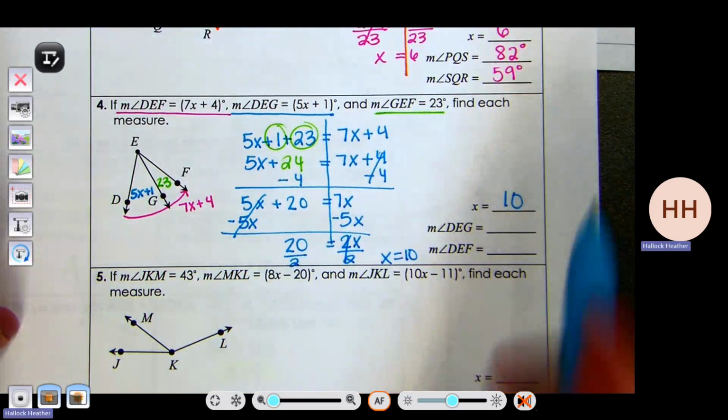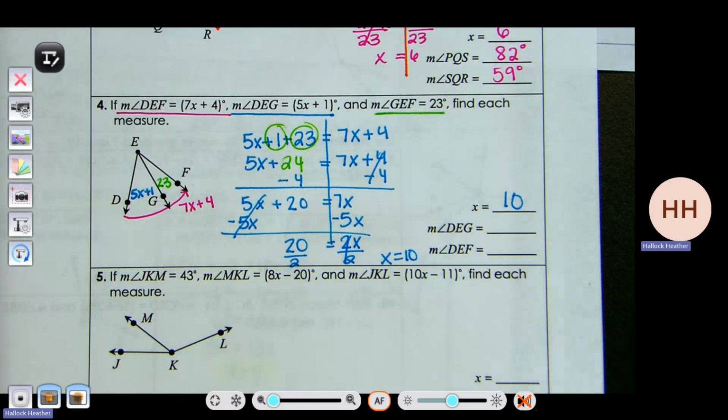So take a second, plug it back in, and try to find your other two angles for this problem if you haven't already.